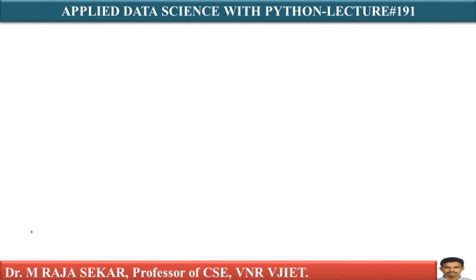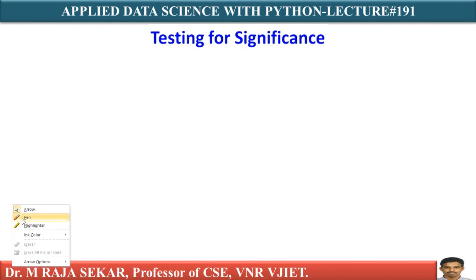In this lecture, we will try to understand testing for significance. What we are going to do in this lecture is test the significance of the regression model with the help of the F test. First one is the F test, and another test is the T test.